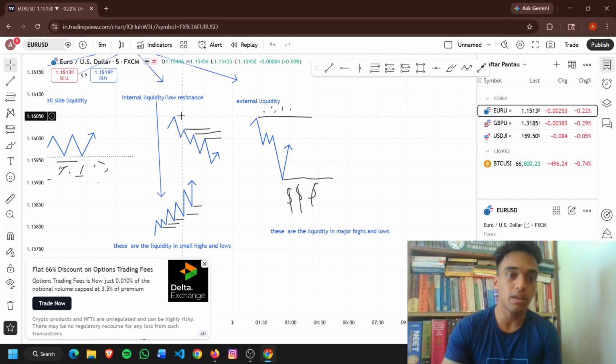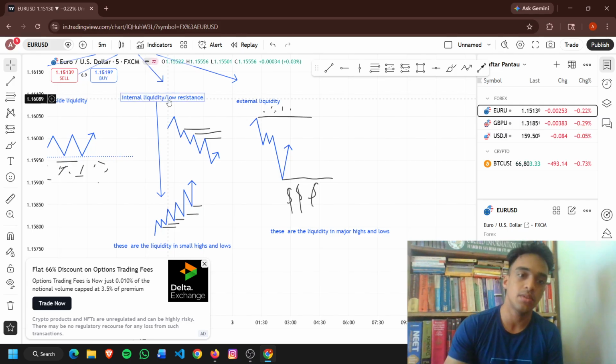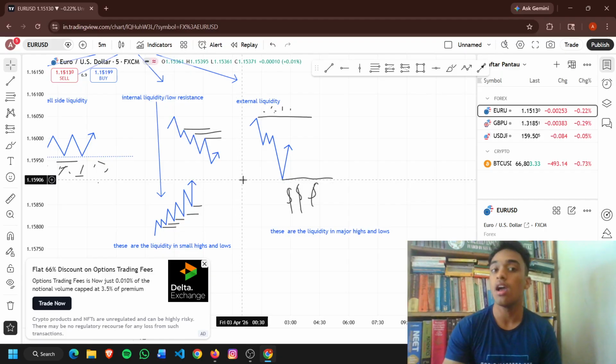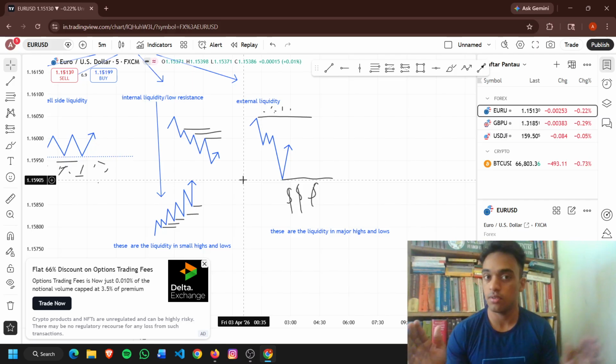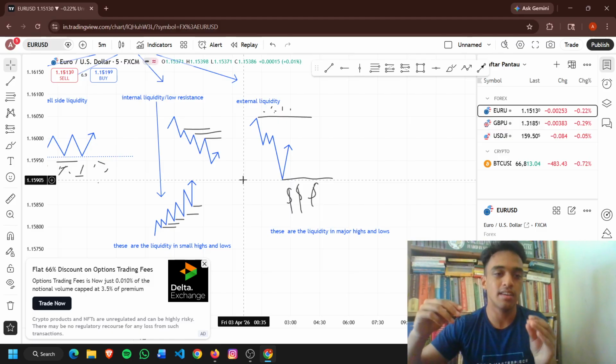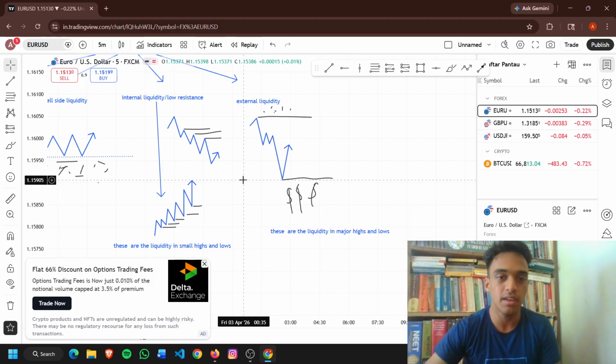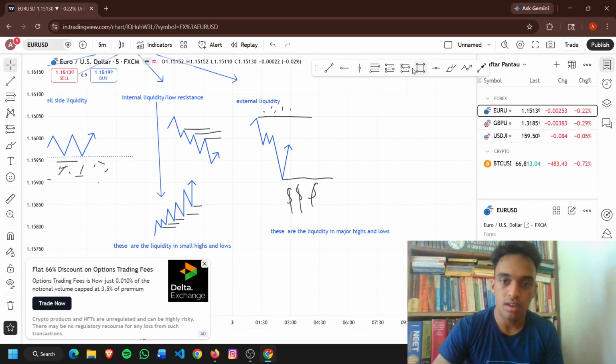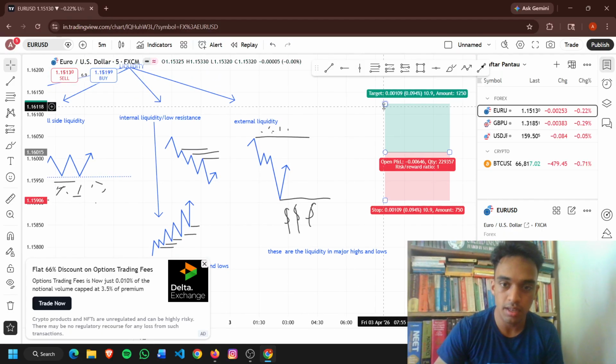Internal liquidity, you just have to learn about this, because you can use partial closing. If you don't know what partial closing is, we're going to talk about it later. Partial closing is where you take some amount of money, even before your final TP. For example, say your final TP is here.